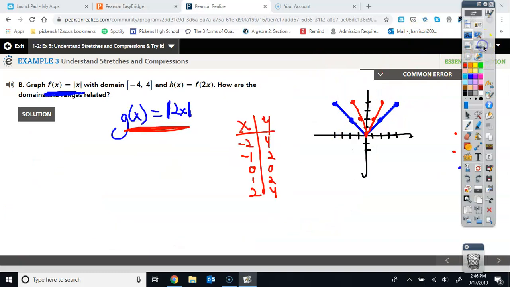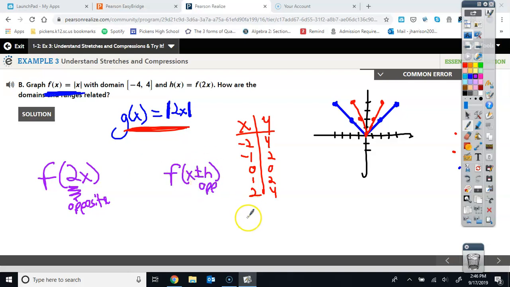So you've got to be careful with the functions that have a number on the inside of the function here. It is actually going to do the opposite of what you think it is in your head. Just like we did when we were moving that graph to the left and to the right, we had to take the opposite of it.